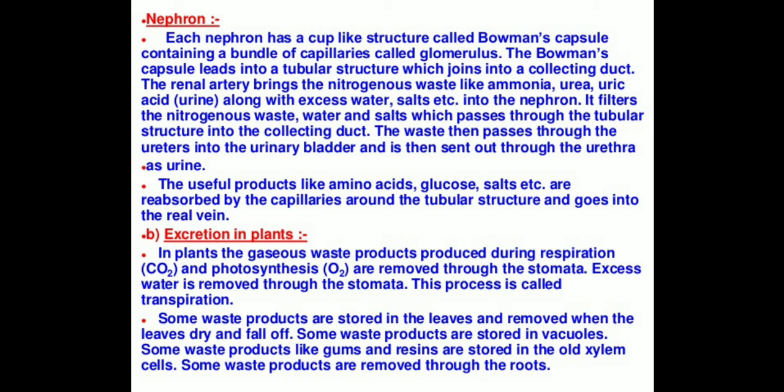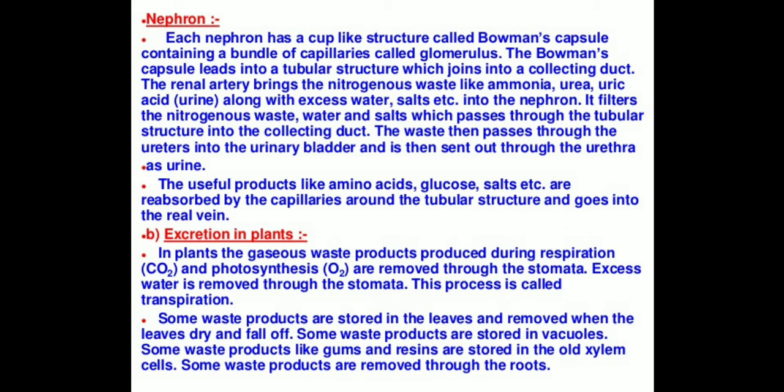So each nephron has a cup-like structure known as Bowman's capsule, containing a bundle of capillaries called the glomerulus. The Bowman's capsule leads into a tubular structure which is joined into a collecting duct. The renal artery brings the nitrogenous waste like ammonia, urea, uric acid, along with the excess of salts and water inside the nephron.